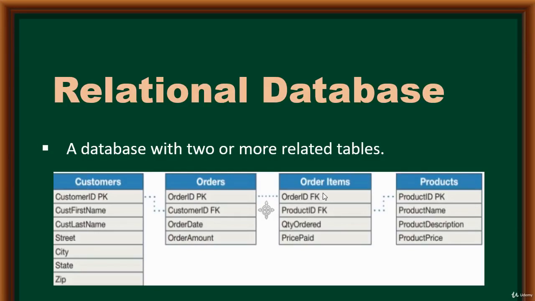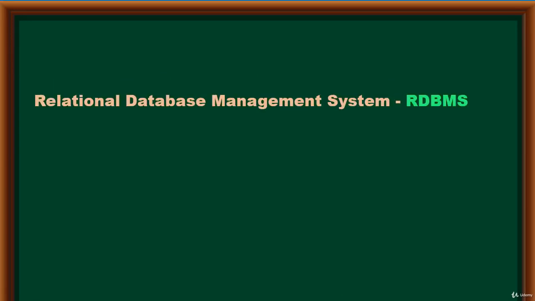All right, if we look at this order items table and this orders table, we've got an order ID, we've got an order ID. You can see the dot here representing the relationship. Likewise, we've got a table called products. You can see that we've got a product ID and we've also got a product ID in this order items table. So you can see the dot here representing the relationship between the tables.